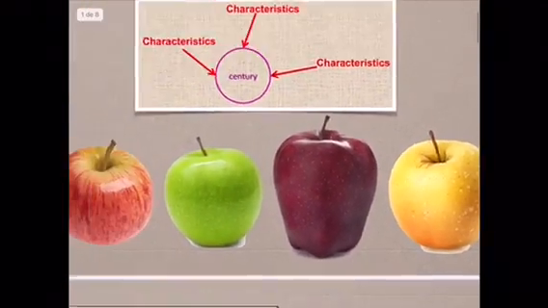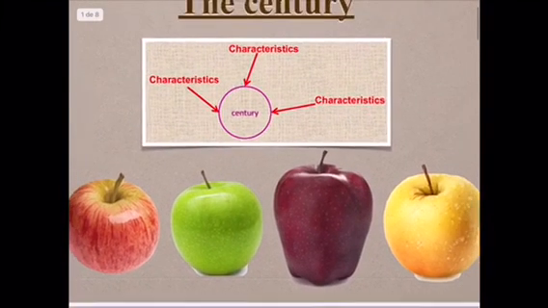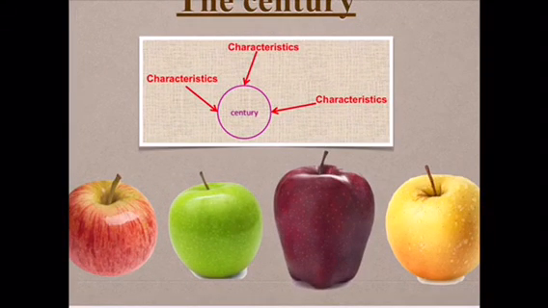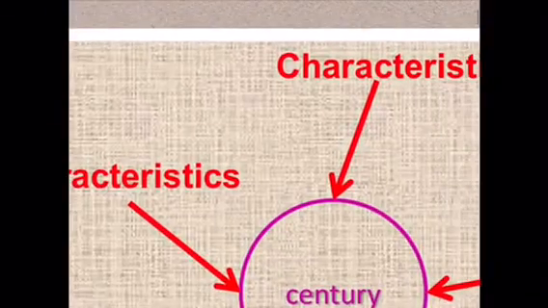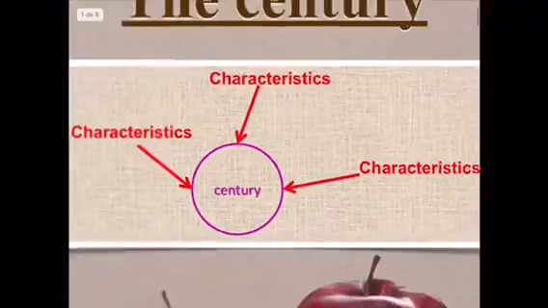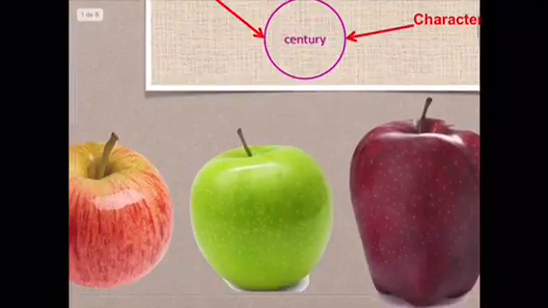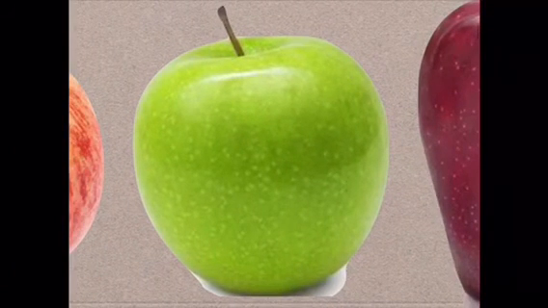So all of these are the characteristics that each one of these apples has, and we are able to tell apart each apple based on those characteristics, and the centuries will be the same. We're going to have each century, and we're going to be able to tell that they have different characteristics, and through those characteristics we're going to be able to tell each century apart from each other.